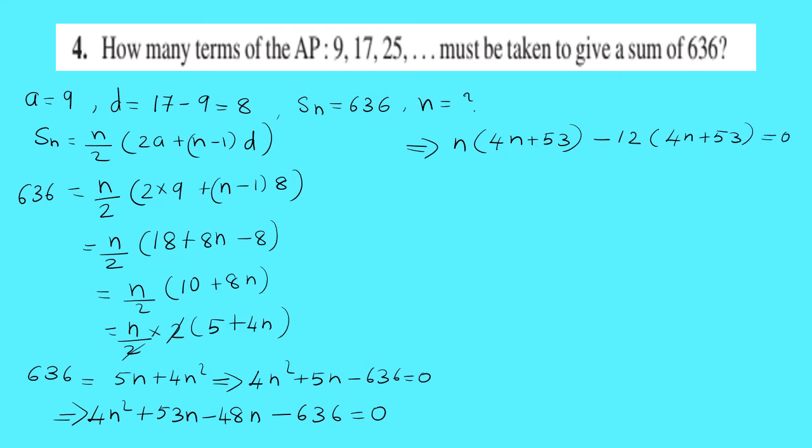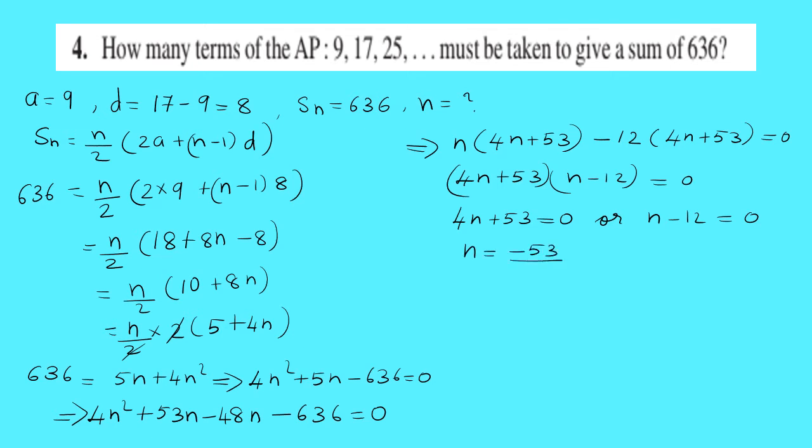From both the terms 4n plus 53 is a common factor. So you take it outside. Multiply by n minus 12 equal to 0. That is 4n plus 53 equal to 0 or n minus 12 equal to 0. From the first part you are getting n equal to minus 53 upon 4 or n equal to 12.